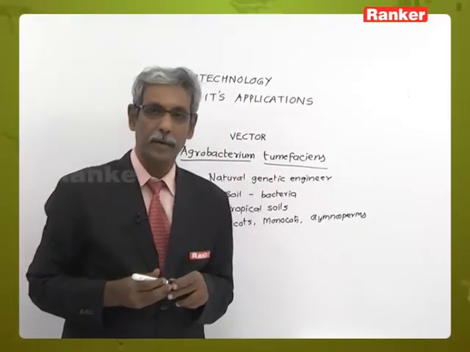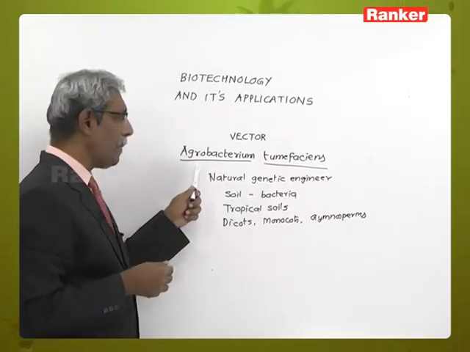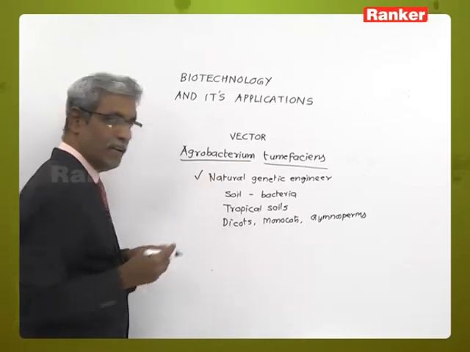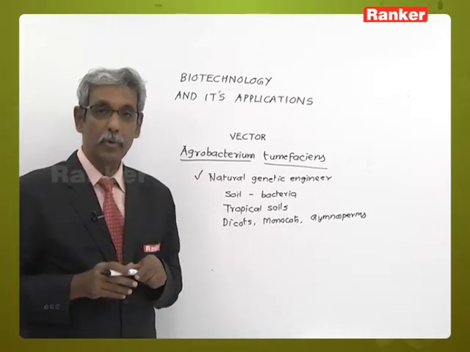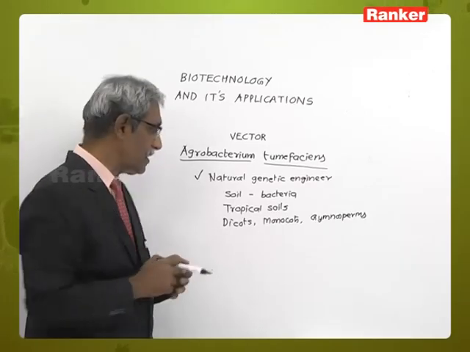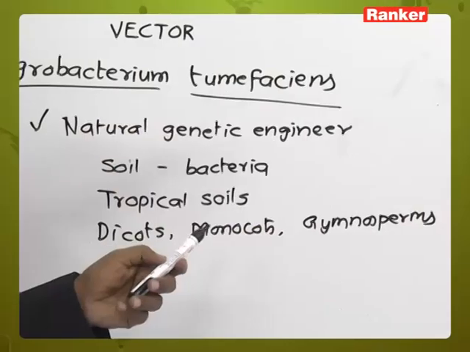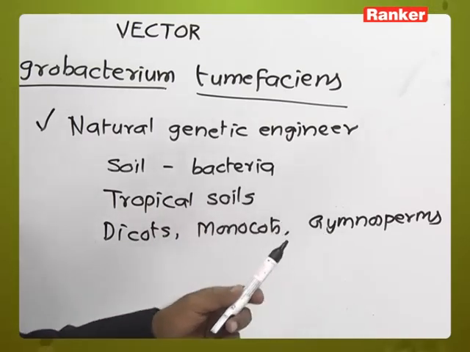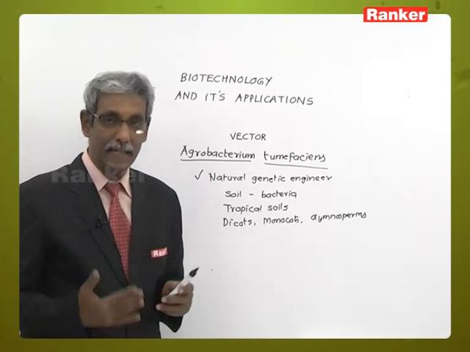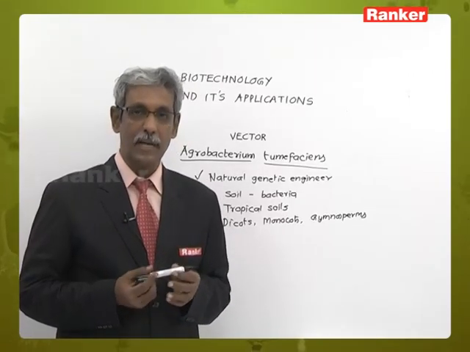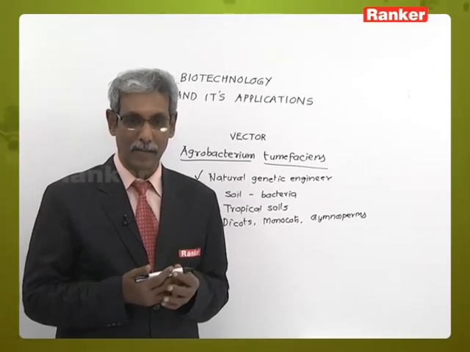If you look at nature, Agrobacterium tumefaciens acts as a natural genetic engineer, that is, we do not have to do anything about it. The bacteria all by itself, which is a soil negative bacteria present in tropical soils associated with the roots of dicots, monocots and gymnosperms, can do the process of genetic engineering. So, it is God's gift to genetic engineering of biotechnology.